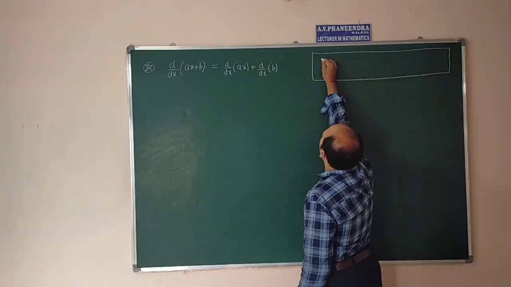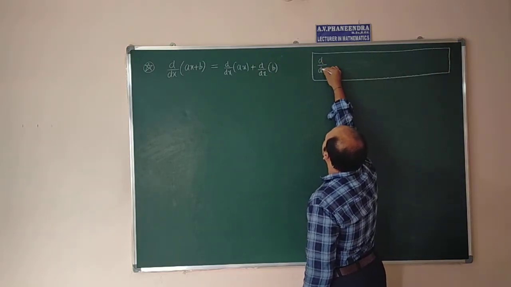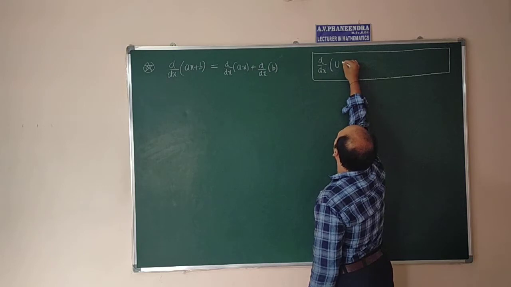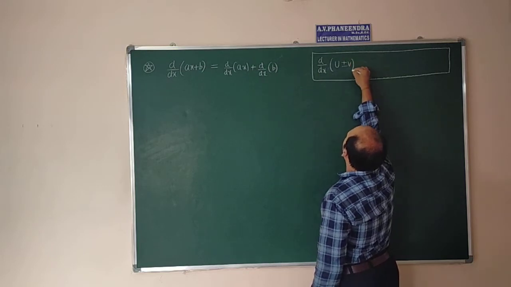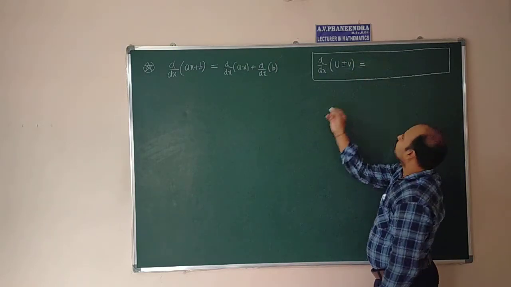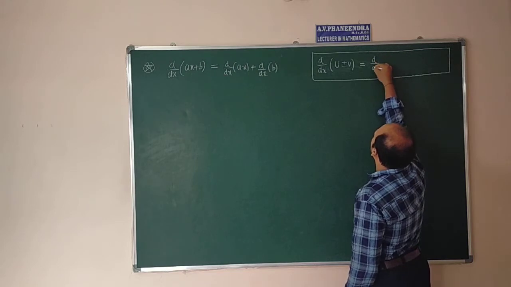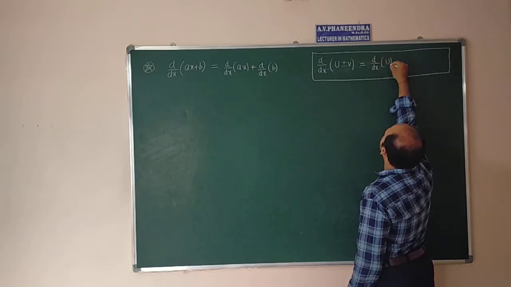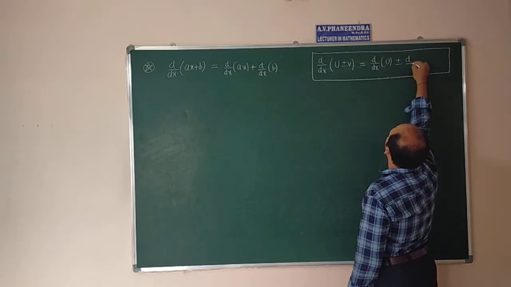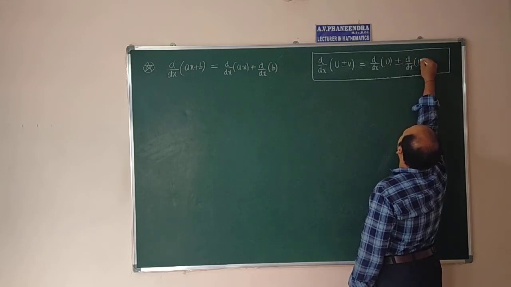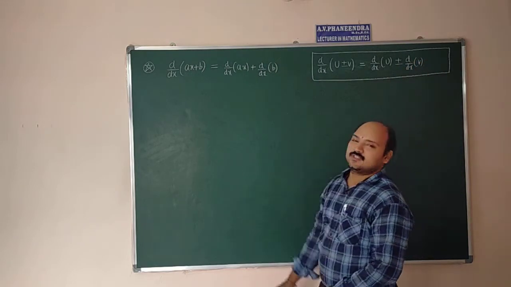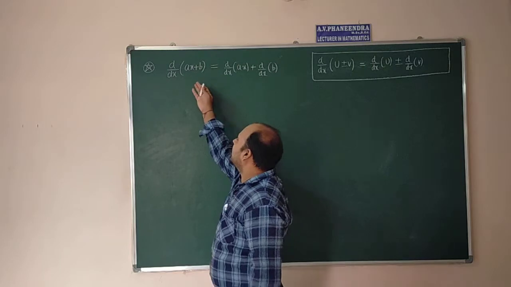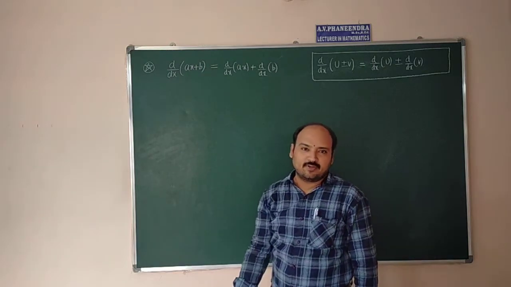U and v are two differentiable functions. D by dx of u plus or minus v is equal to d by dx of u plus or minus d by dx of v. So this is the example for this. Here is the sum of two functions. Ax is one function, b is a constant function.